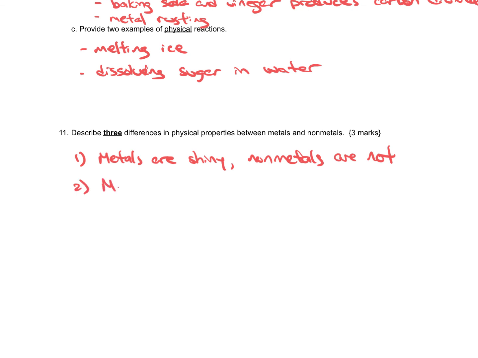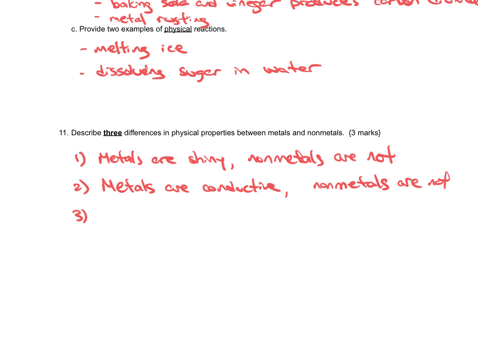Metals are usually conductive. Electricity can pass through them. Non-metals are typically not conductive. There may be some that are a little bit conductive, but not like metals.